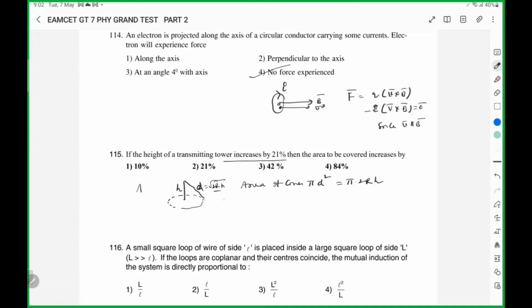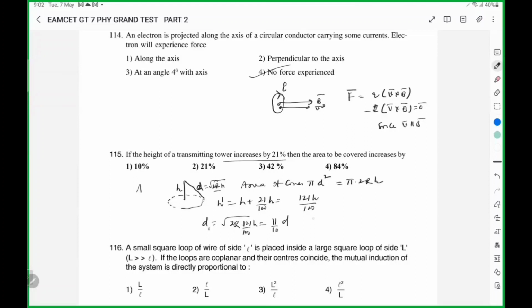Now the height is increased by 21%. Then it is 121 H by 100. Then it can cover 2R into H dash, 121 by 100 H, so d becomes 11 by 10 of d.